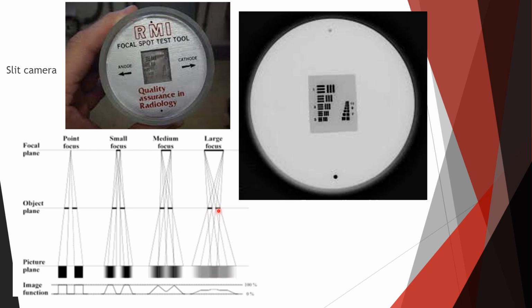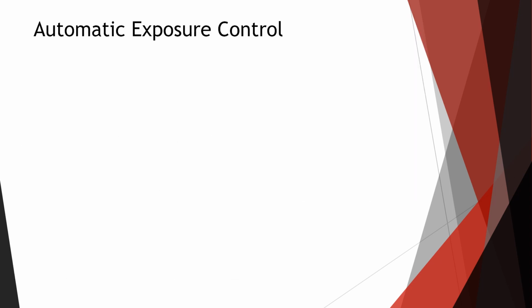Two different objects, like kidneys, or maybe even the lungs, would be here on two different sides, and the blurring can occur the larger the focal spot could be. So that's why focal spot testing, and really the condition of the focal spot, is an important aspect.